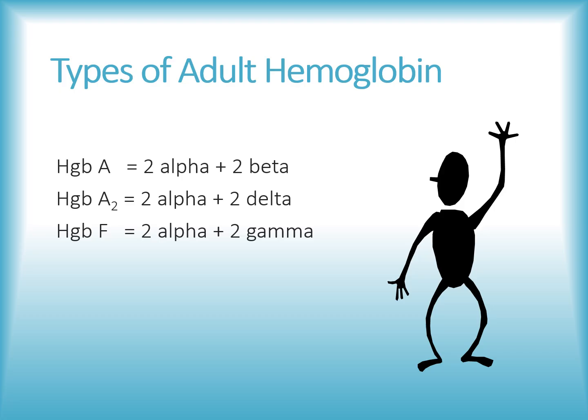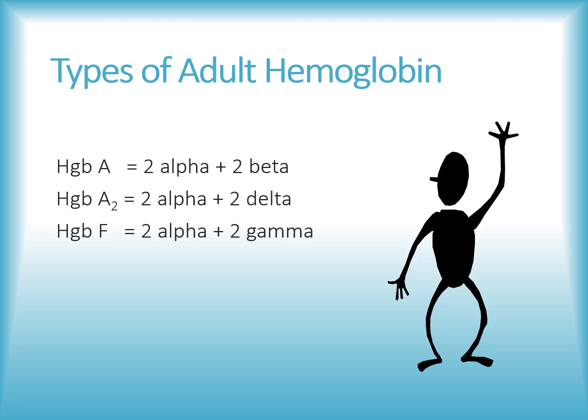The majority of normal hemoglobin in our body is hemoglobin A, and again, that's going to be our 2 alpha and our 2 beta globin chains. That's going to make up a normal hemoglobin A. We have a subtype of hemoglobin called hemoglobin A2. So again, we have 2 alpha and 2 delta. And then hemoglobin F we already talked about was 2 alpha and 2 gamma. Now I want you to take note here.